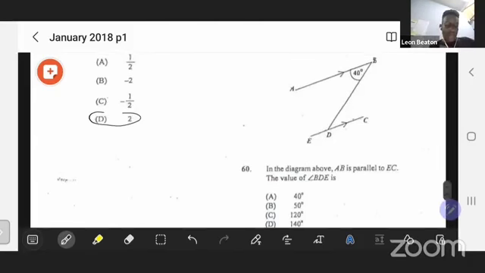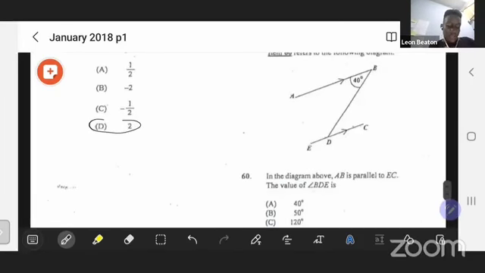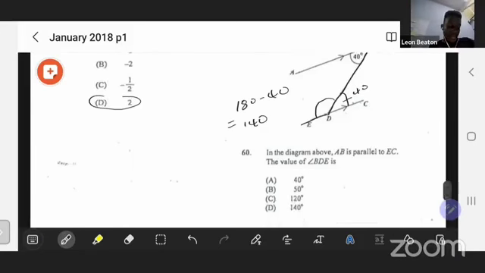I'm sure everybody knows, but angle BDE is referring to this angle here. So we know this is a Z angle. We know here will be 40. So if here is 40 and this is a straight line, 180 subtract 40 will be 140. So we have 140, which is D.